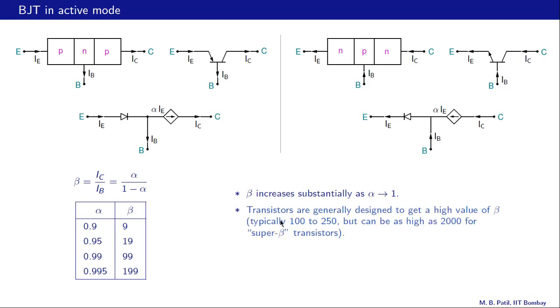Now most transistors are designed to get a high value of beta, typically 100 to 250. Sometimes beta can be as high as 2000, and these transistors are called super beta transistors. We should mention one exception in which the beta is not quite as high as 100 or 250, or could be 50 or less than that, and that is power transistors.